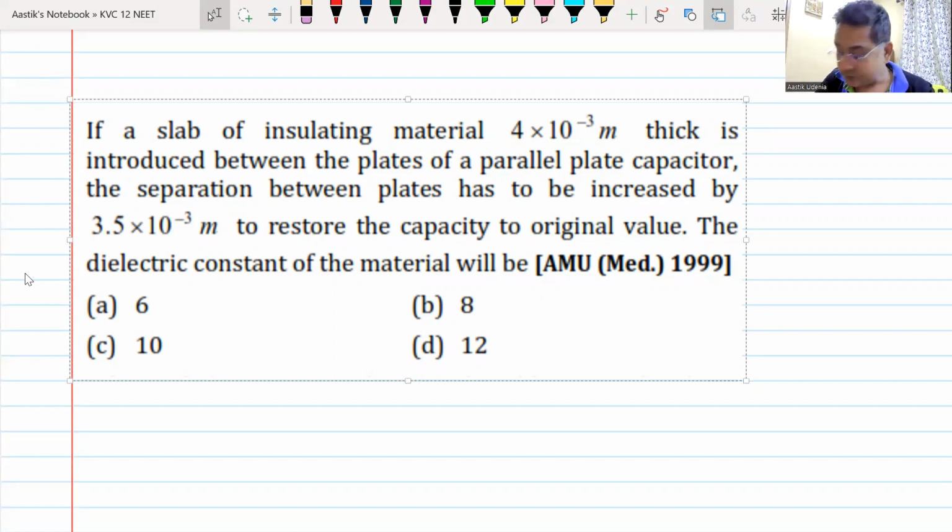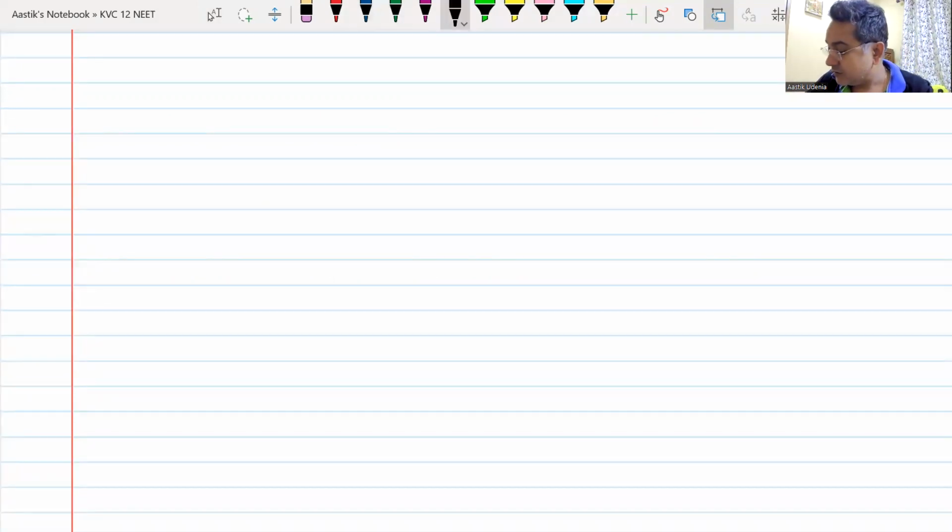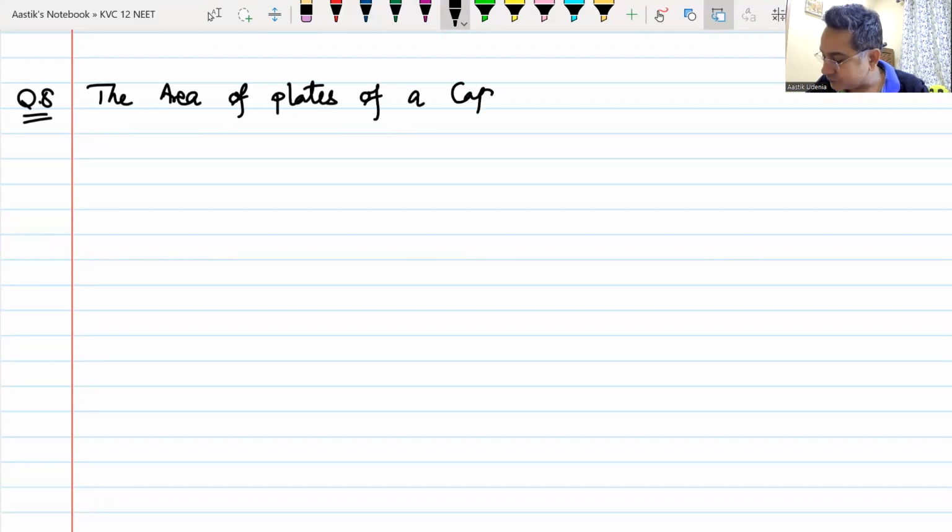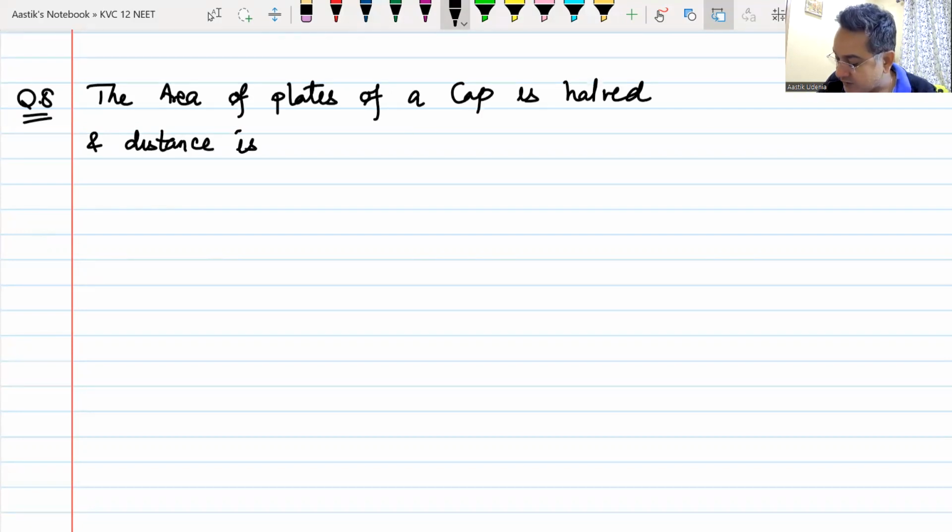So now answer this question. Question number 7 or 8, whatever it is. The area of the plates of a capacitor is halved and the distance is doubled.